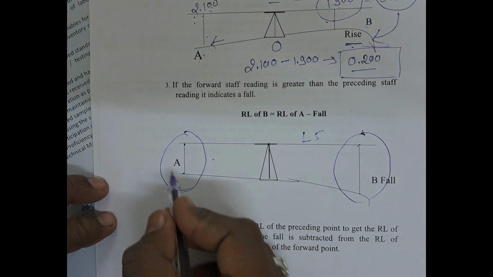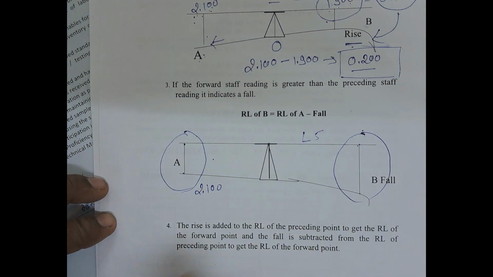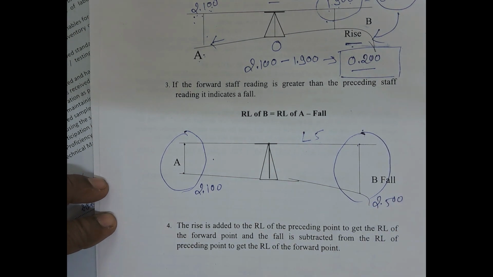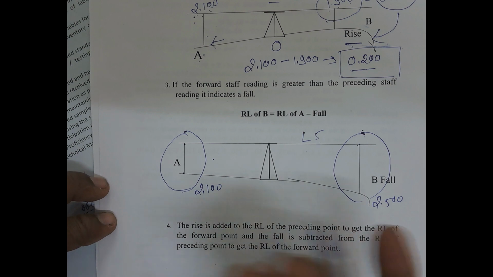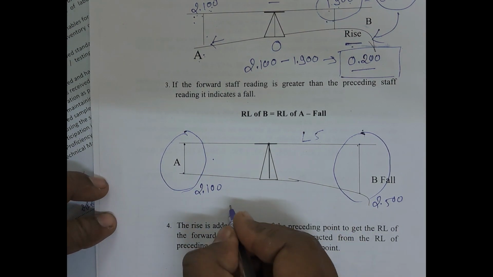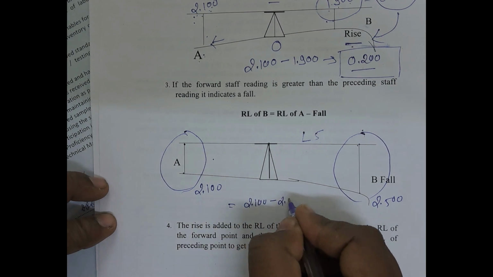Just put in the values. Here we have a value of 2.100 again, but the previous value is 2.500. So you just need to find the difference between two consecutive readings: 2.100 minus 2.500.